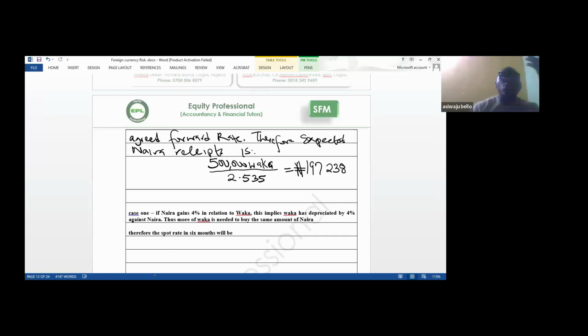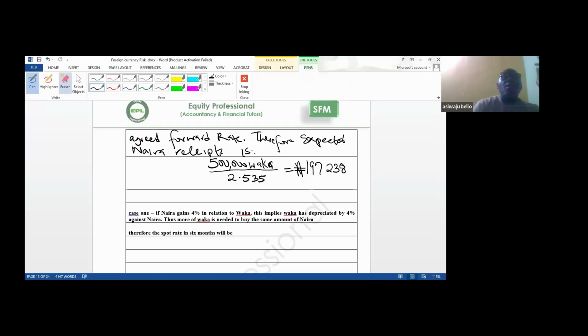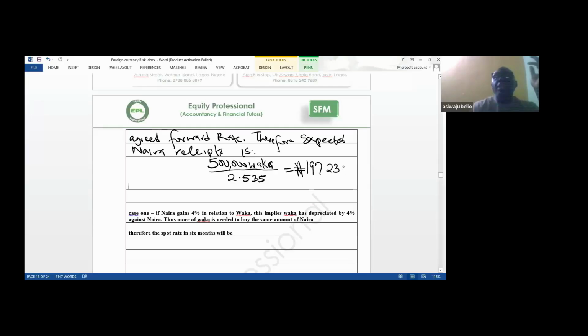Round up to the nearest whole number. 500,000 divided by 2.535. You can round up to 197,239. That is the hedge amount.